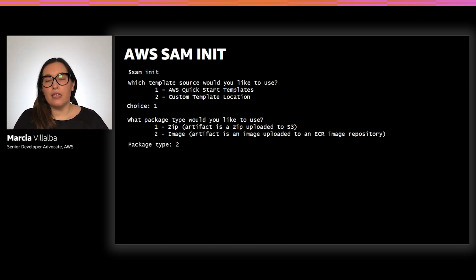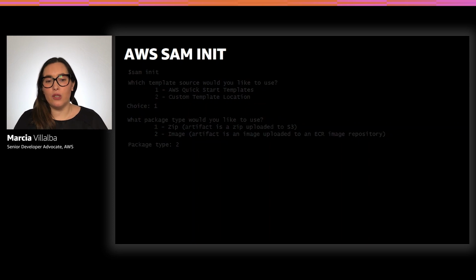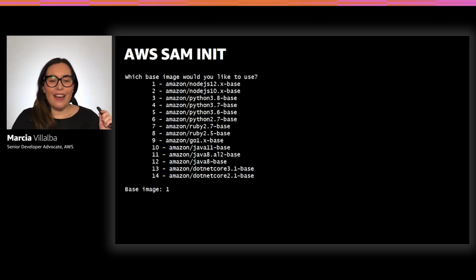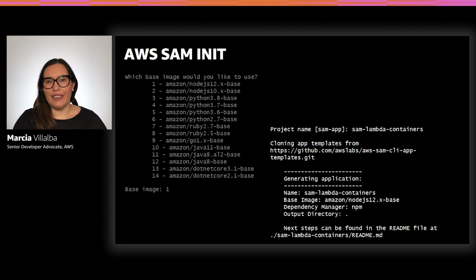And if you pick image, then you will be taken into picking what base image you want for this container. These are all the ones that are provided by AWS, but you can bring your own. And for that, I recommend you read the documentation on Lambda supporting container images to know how to bring your own container image. But I will pick Node 12 because I'm a Node developer. And then my application is ready.